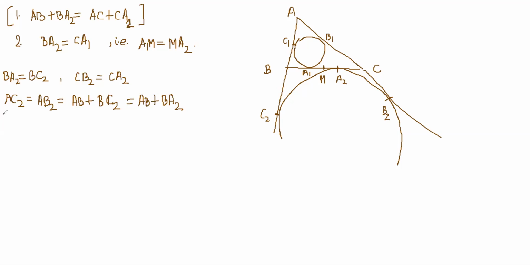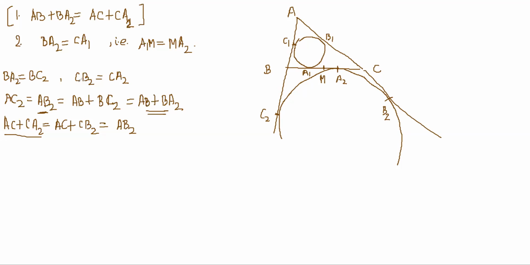Similarly, you can write AC plus CA2 is equal to AC plus AB2 or CB2. So it becomes AB2, which is making this side equal to this, which is equal to this, right?